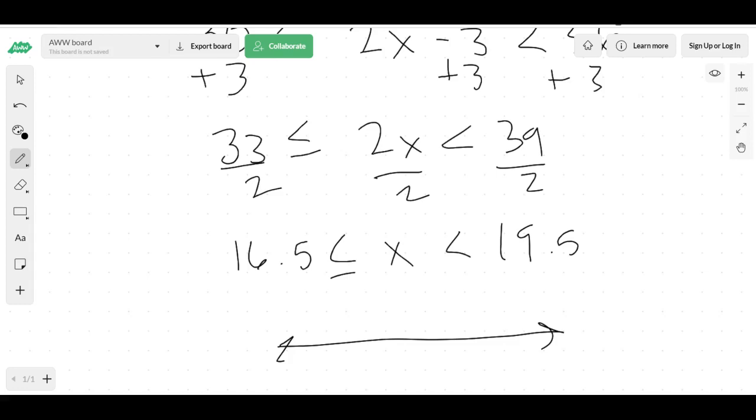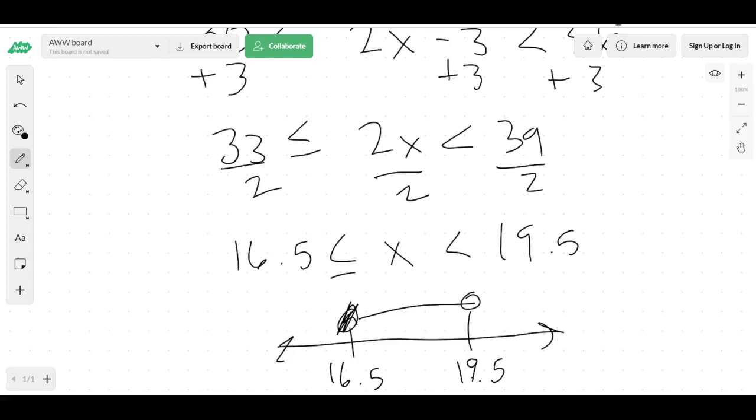So we won't have any arrows and it'll bounce between these two numbers. What you'll see is this one will have a closed dot because it's got a line underneath. That'll have an open dot and no arrows in between.